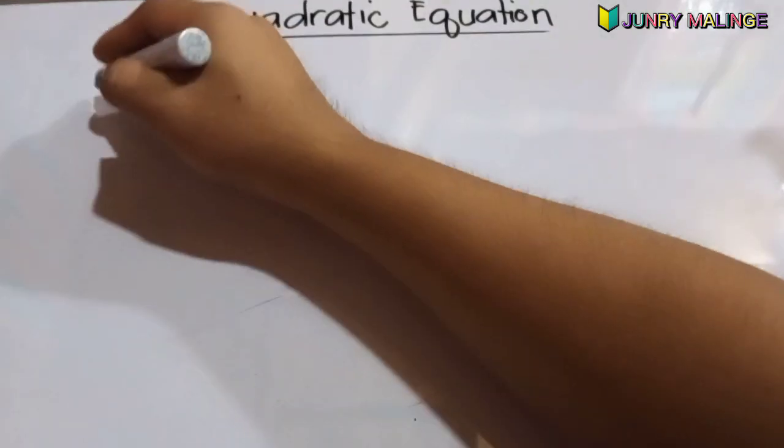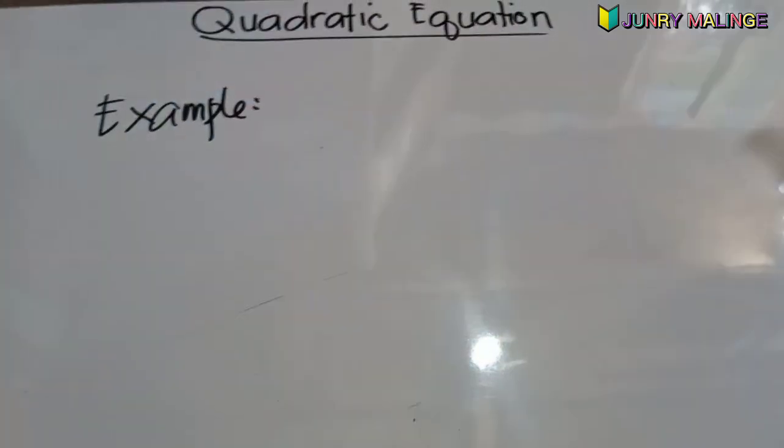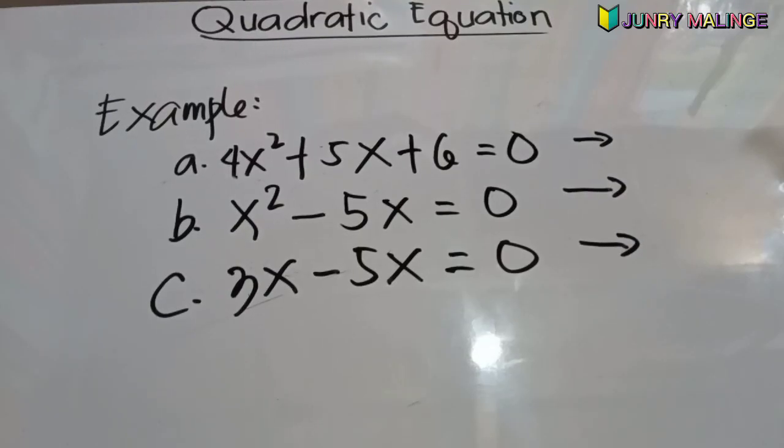Ayan, so magbigay tayo ng halimbawa. Halimbawa, letter A, 4x squared plus 5x plus 6 equal 0. Letter B, x squared plus 5x equal 0. Letter C, 3x minus 5 equal 0. So, saan dito ang quadratic equation or not?